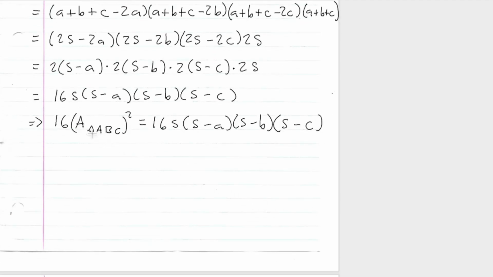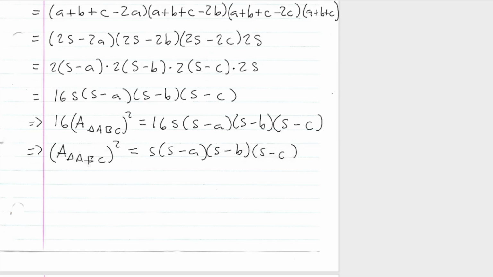So if I divide both sides of this equation by 16, I get the area of triangle ABC squared is equal to s times s minus a times s minus b times s minus c.